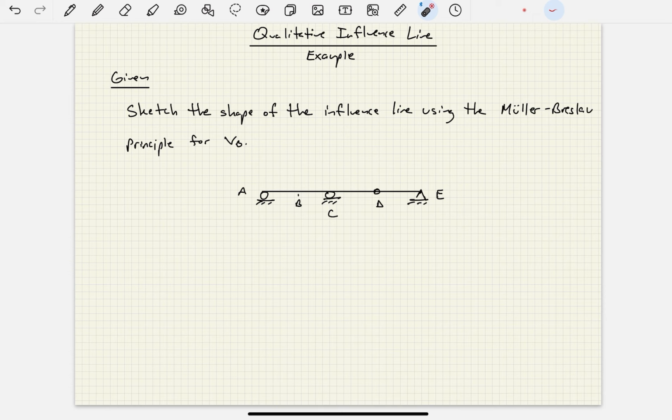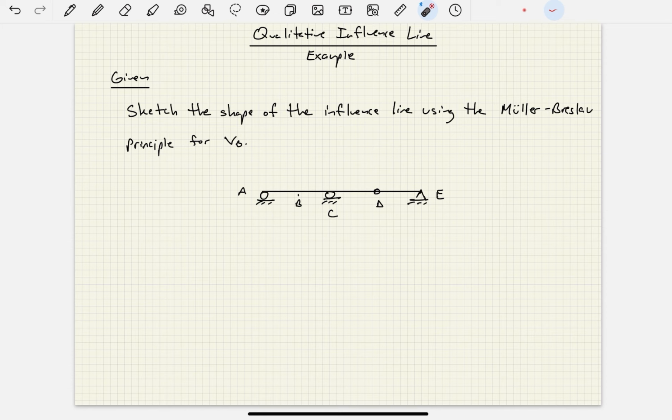Now, again, we want to use the Muller-Breslau principle to sketch the shape of the influence line for the shear force at point B. Remember, if you're a little rusty on what influence lines are, go back and watch some of my previous videos. An influence line shows the variation of a particular load effect, in this case the shear force at B, as a dimensionless unit load moves across the beam.